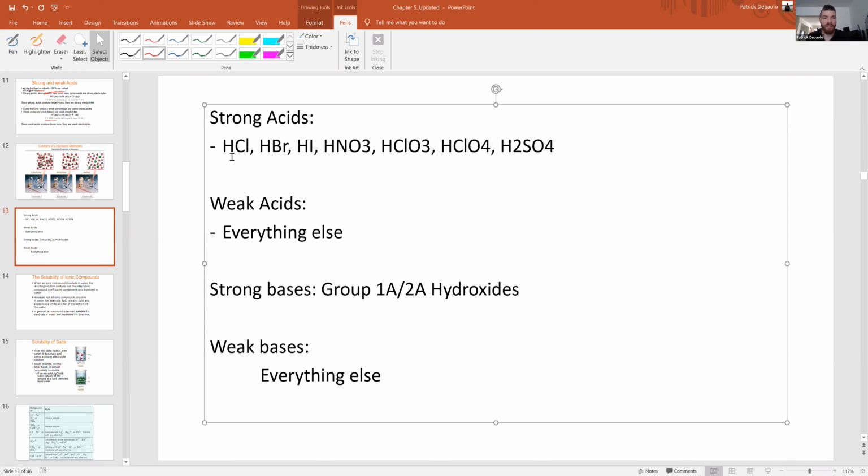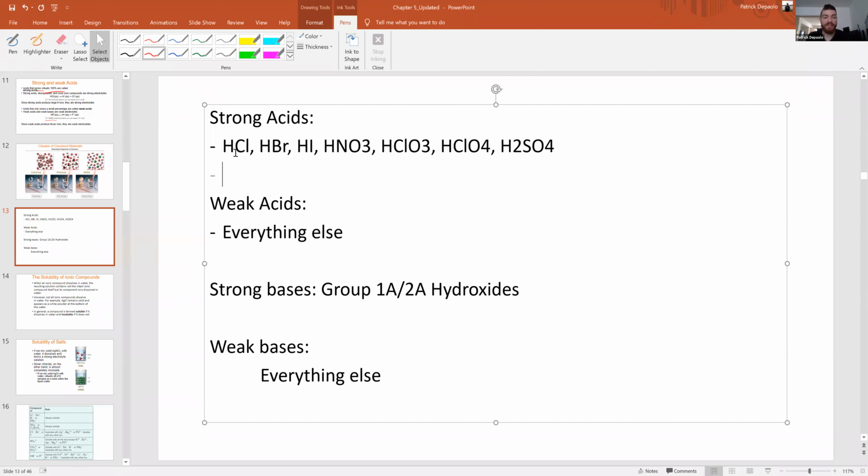Hickel, HCl; Hibber, HBr; High, HI; Hino, HNO3, nitric acid; Hiklo, there's actually two Hiklos, HClO3 and HClO4; Hiso, H2SO4. They're not in any order, but this is a cool mnemonic that me and a friend in college invented, that nobody knows about.